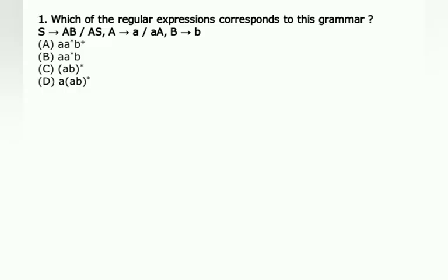So let us solve the first question. Which of the regular expressions corresponds to this grammar? Given the grammar, we have to find the regular expression. First we take the start symbol, that is S tends to AB. We will see the different expressions that follow by substituting the non-terminals A and B. A is a small a or a small a capital A, and B is capital B or small b.